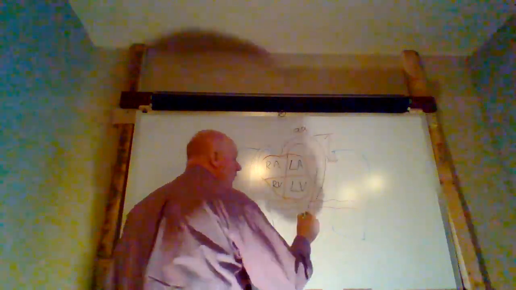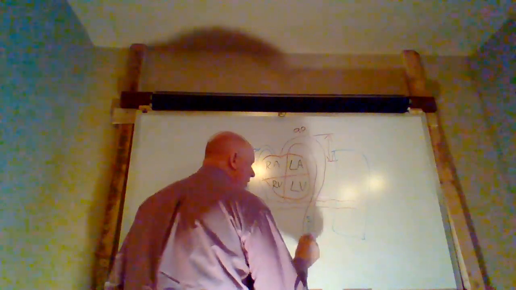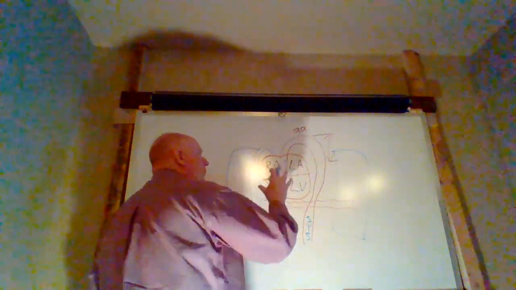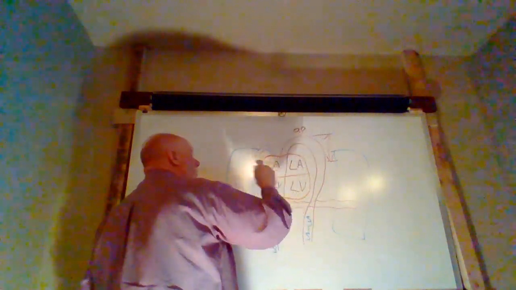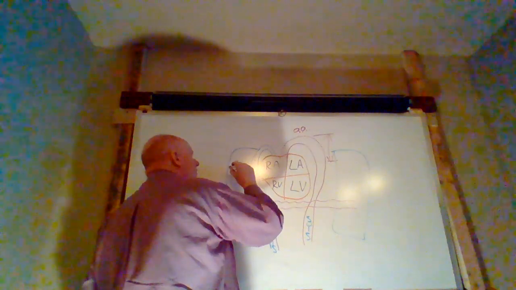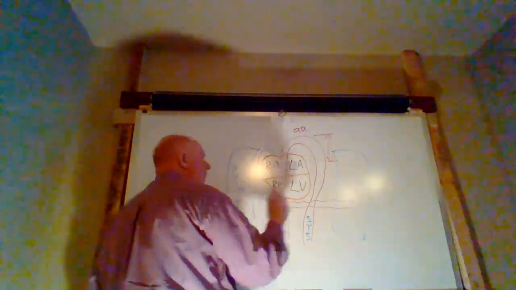Systemic. This one over here is systemic because it's sending blood to and from the rest of the body. It's once you have blood leaving this right ventricle that is your pulmonary circuit. Okay, so this is pulmonary circuit. Okay, and it's going over this one too in the pulmonary circuit.